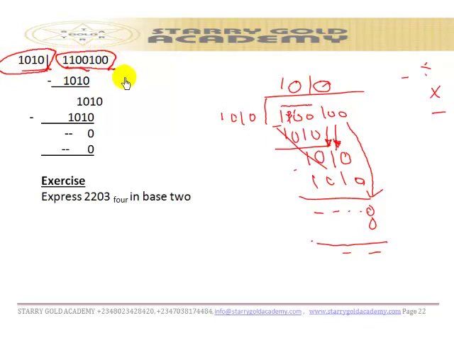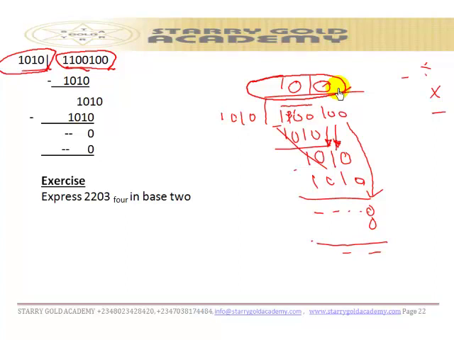Divide your answers in base 10. Whatever you have, convert it back to base 2. When you convert it back to base 2, you are definitely going to have the same answer we have here. So whichever one suits you best, you should try.